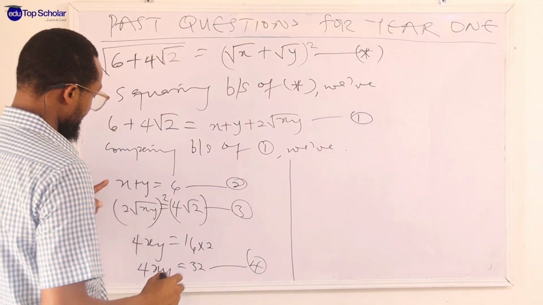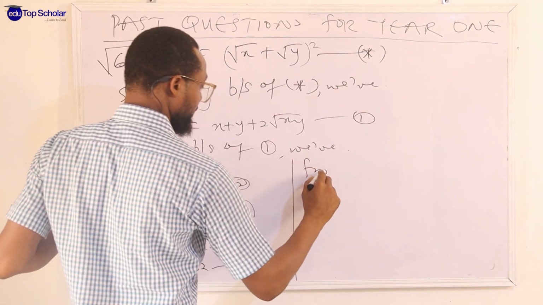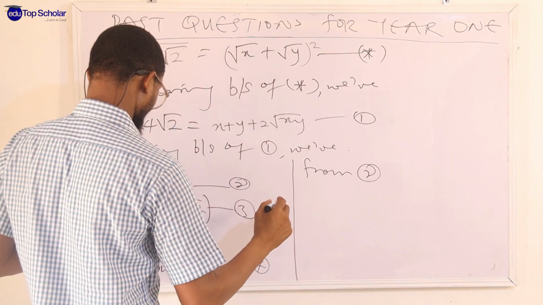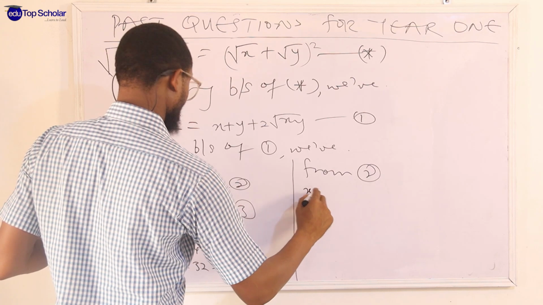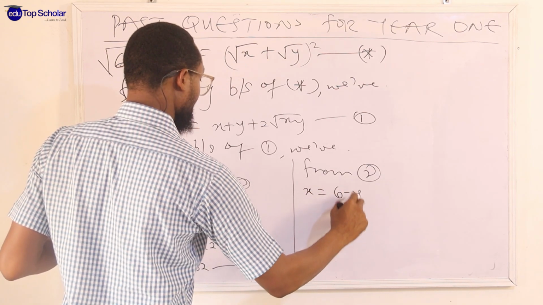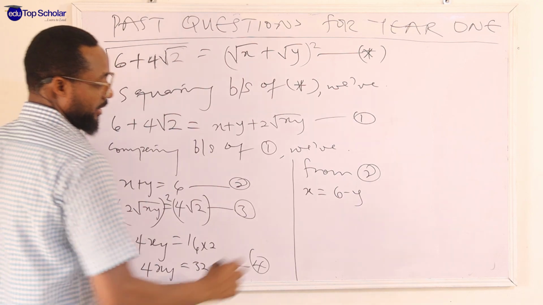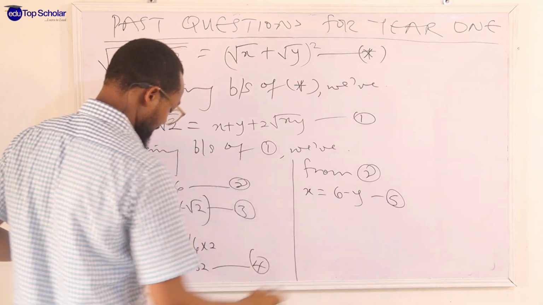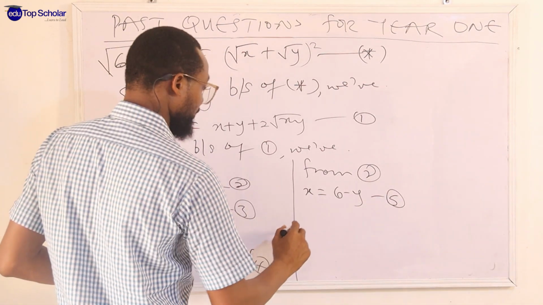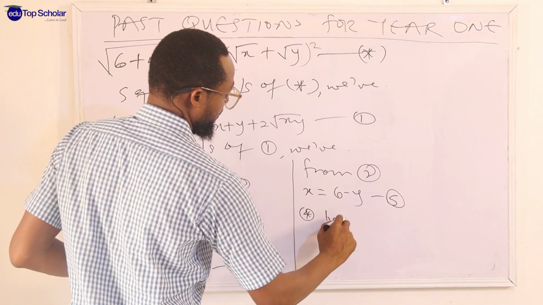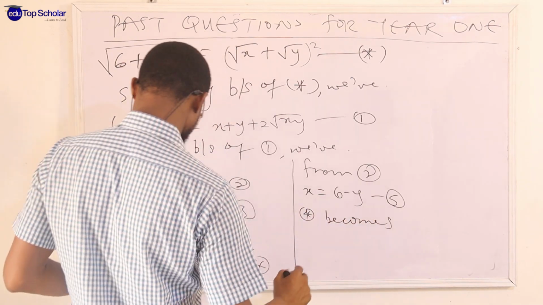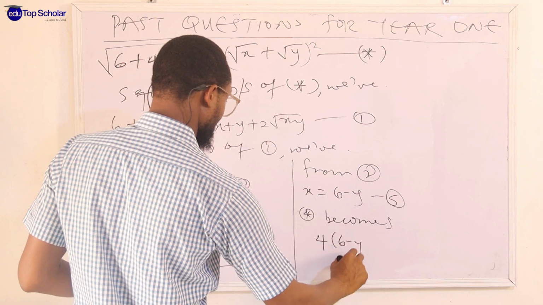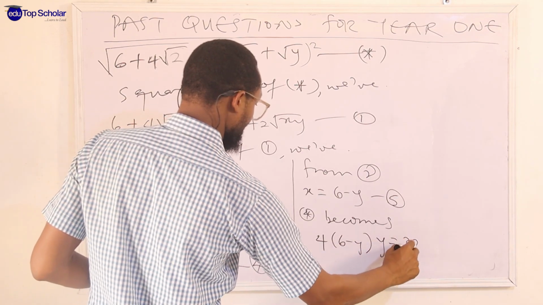So from equation 2, we have x equals 6 minus y. Name this one equation 5. By substituting equation 5 into equation 4, equation 4 becomes, whenever we see x now, we put 6 minus y, multiplied by y, equals 32.